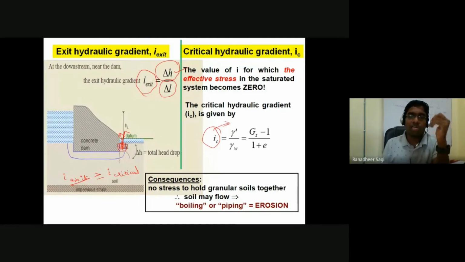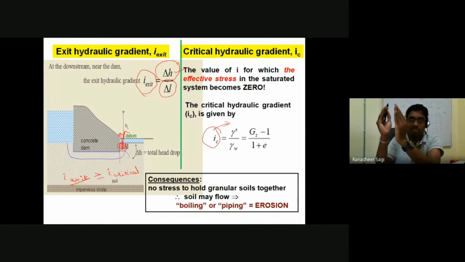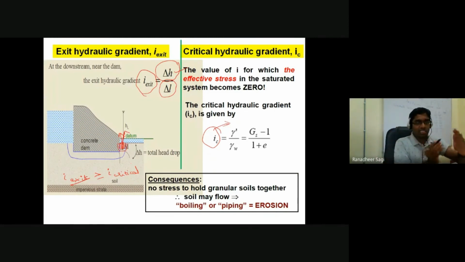So soil grains will not stand there, as the effective strength of the soil becomes 0, and particles get carried away with the water flowing towards the downstream. Once the soil grains at the exit region of the downstream get carried away with the water, the failure starts at the exit element, then extends to the next, and so on.